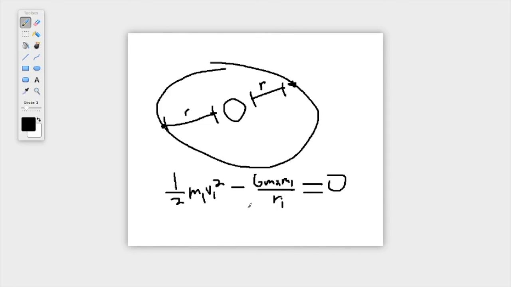But the thing is, in order to be considered conserved, this would have to apply to the final state as well. And because both of these equal 0, you can set them equal to each other.